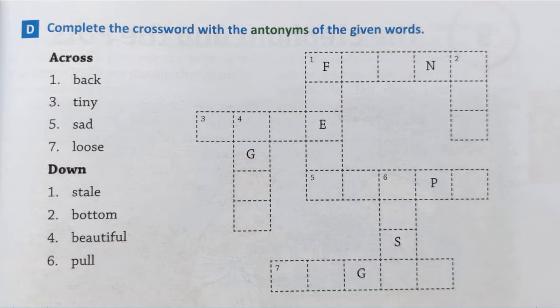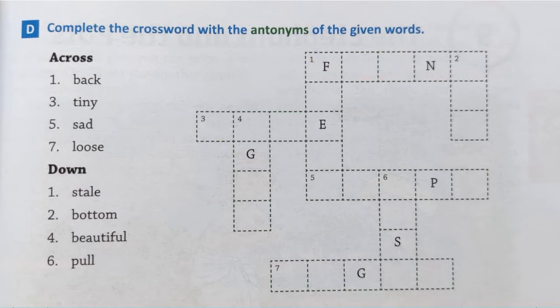Now can you see here across? In the previous chapter I told you what are across, right? The words that you write in a sleeping line are called across. And what does down mean? Words that you write in standing line are called down. The words are given here. One across. So here can you see one across?